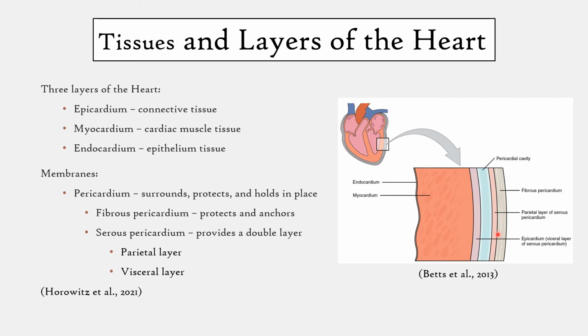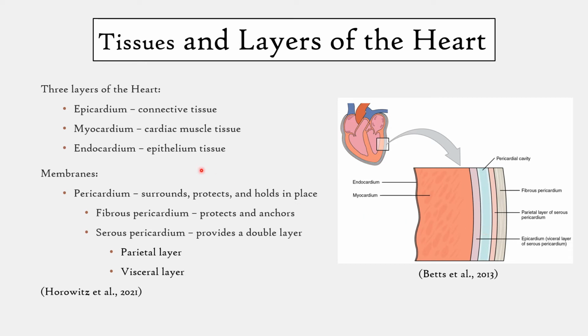This includes the parietal and visceral layer. So, the pericardial cavity you will see is next, and that contains a thin fluid. So this fluid is referred to as the pericardial fluid, which reduces friction between the membranes as the heart moves and pumps.